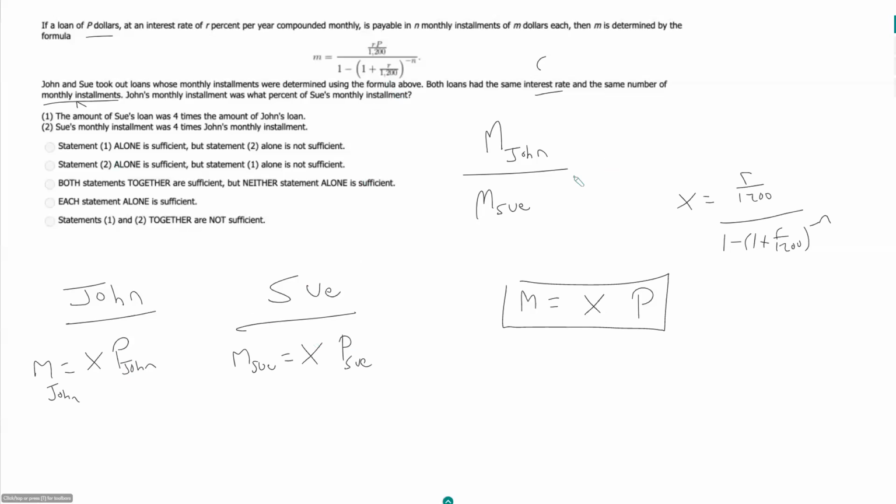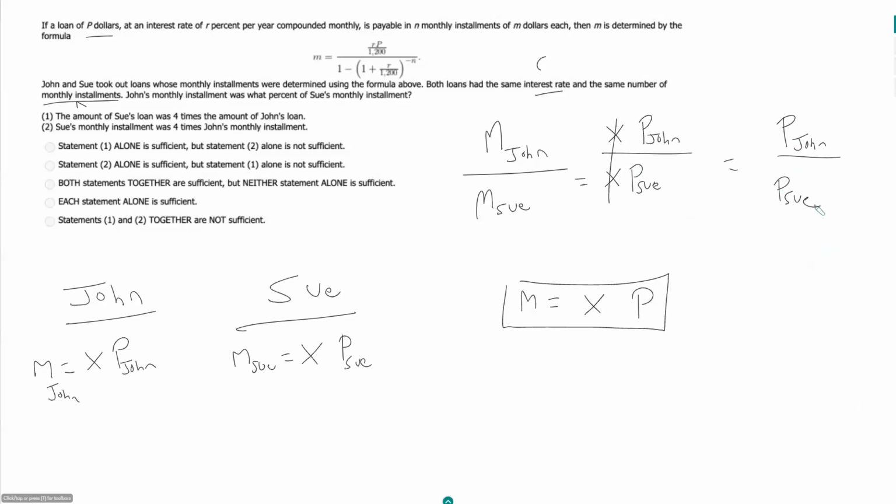And because of that, we can think of M John over M Sue as just being X times P John over X times P for Sue. Let me erase this here to make some space. So this X, remember, is the same for both of them. So this is really just John's loan amount over Sue's loan amount that is the only thing we care about.